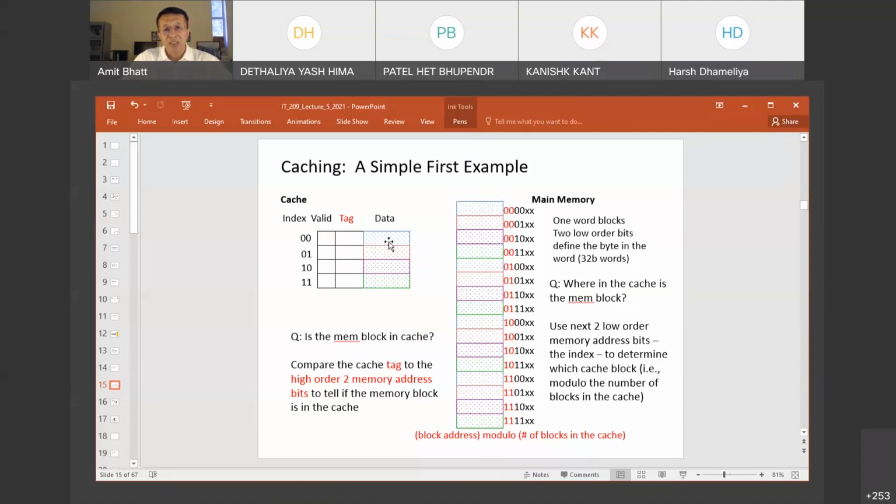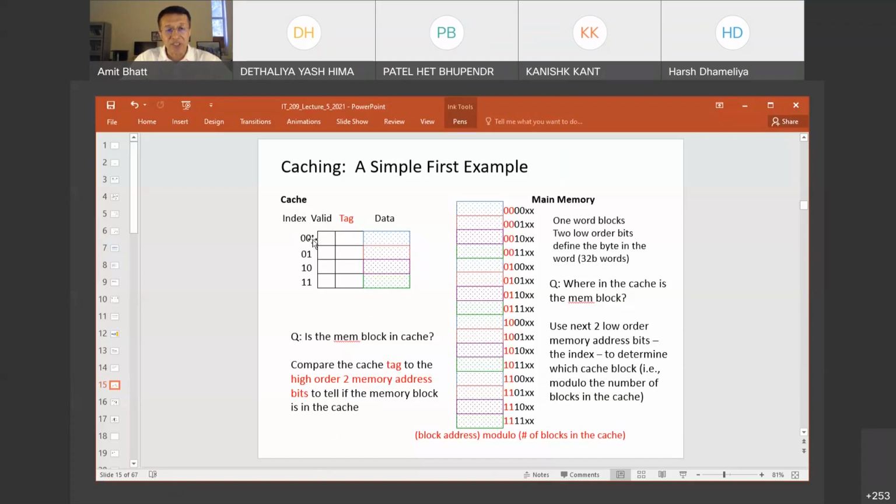So I think, can it be 0100? The chances are 25%. Why 25%? Because there are 3 other candidates: 0000 could be there, or 0100 could be there, or 1000 could be there, or 1100 could be there. So how can my processor be sure that it has got memory address 1000 or 0100?